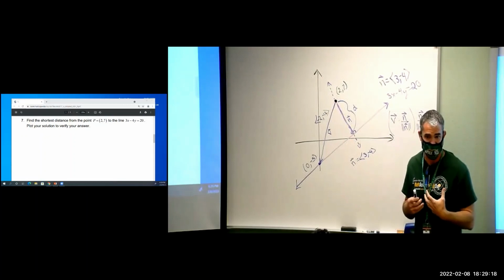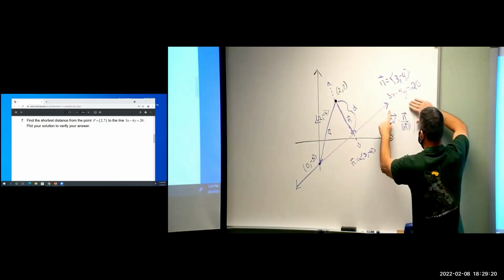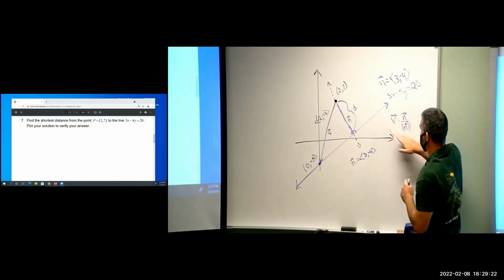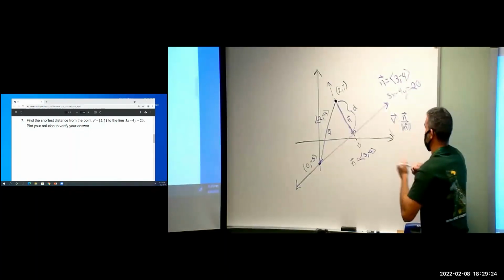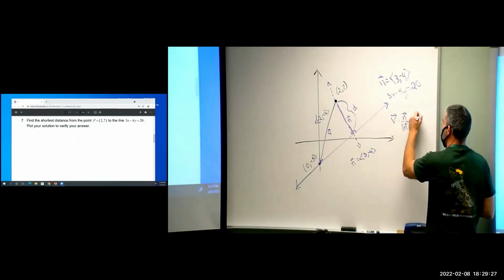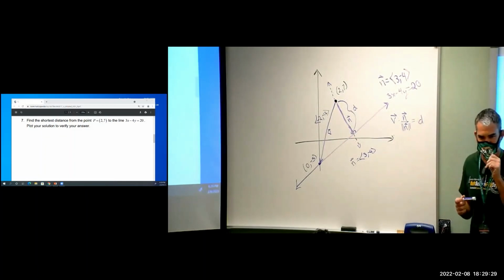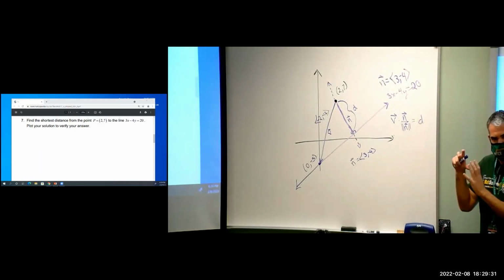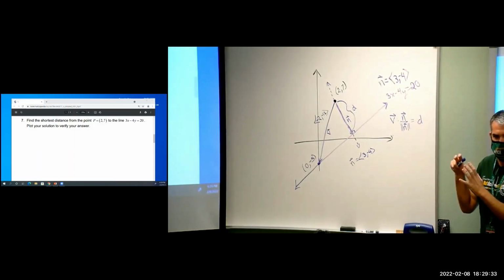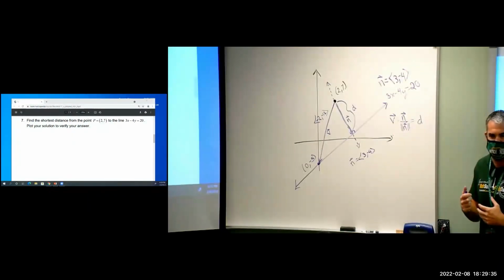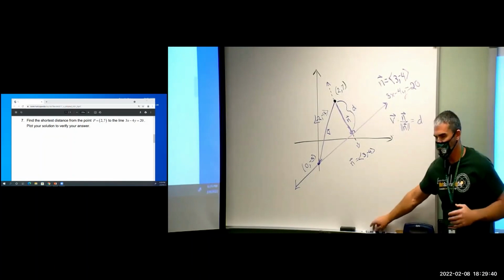We were asked for the magnitude of it, so we were done right here. Call that D. I just wanted to bring home the notation you saw in the video and how it matches up with the way we've been using the dot product. Questions about that?